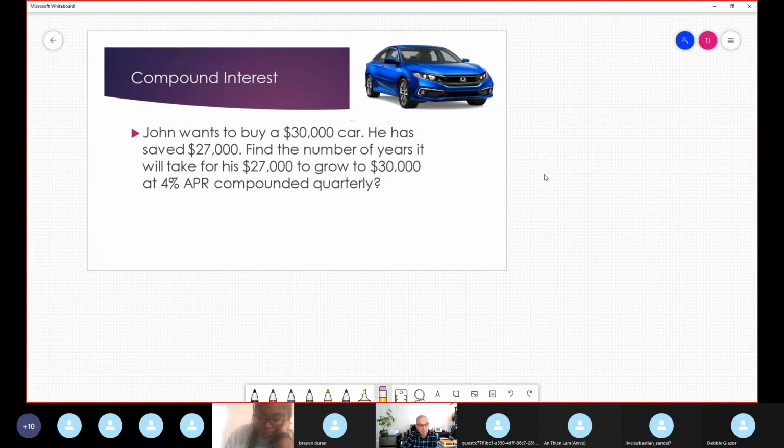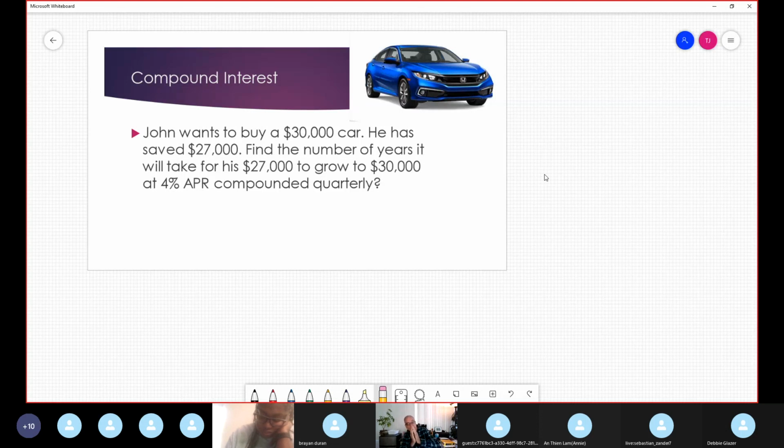John wants to buy a $30,000 car. He has saved $27,000. Find the number of years it will take for his $27,000 to grow to $30,000 at 4% APR compounded quarterly.